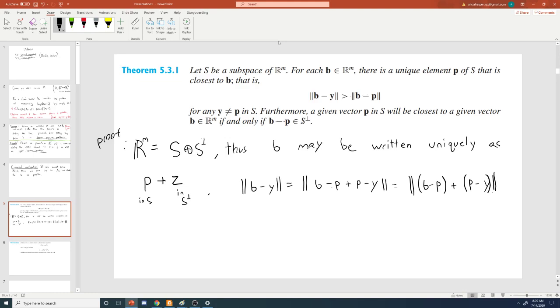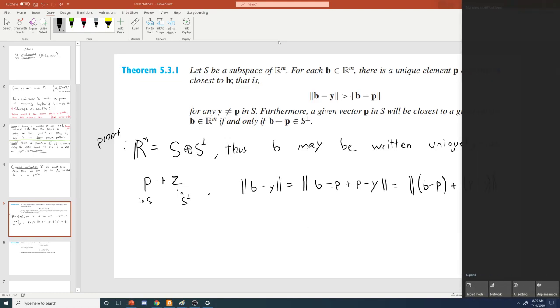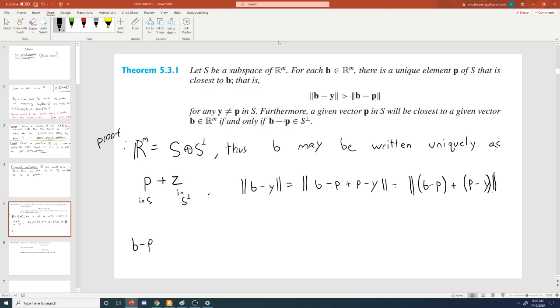There's a reason we're doing this: we know that b minus p is equal to z, which lies in the orthogonal complement of S, and both p and y live in S. So if you take their difference, p minus y also lives in S, which means these two vectors are orthogonal.